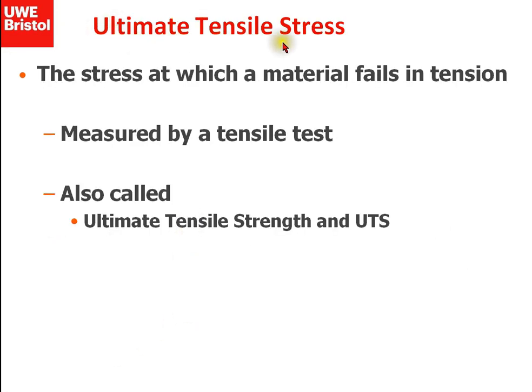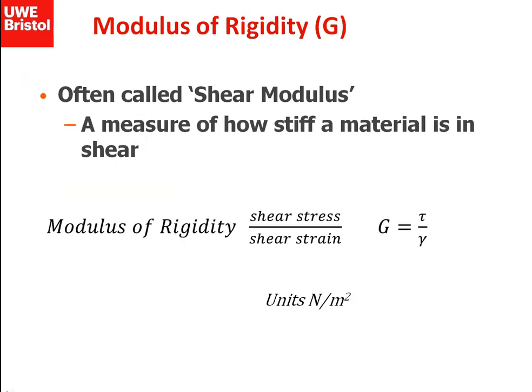The ultimate tensile stress is the stress at which we can assume that things are going badly wrong. So we're going way beyond our limit where we get a linear relationship.